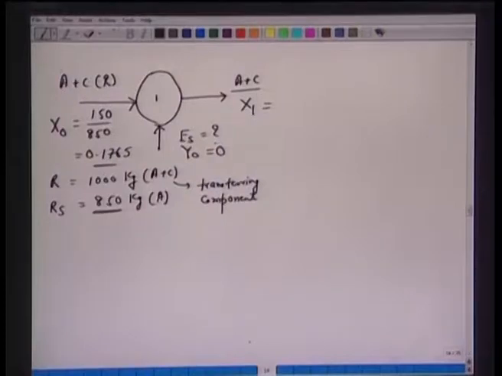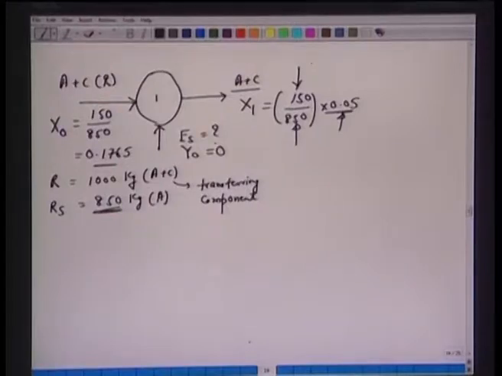We were told that component C, the transferring component, is reduced by 95%, which means if we are starting with 150 and 850, x1 would be 150 by 850 into 0.05. So, 95% of C has been removed. We are using this solid free basis, 850 is the solvent RS, and we have 150 of C in the beginning.